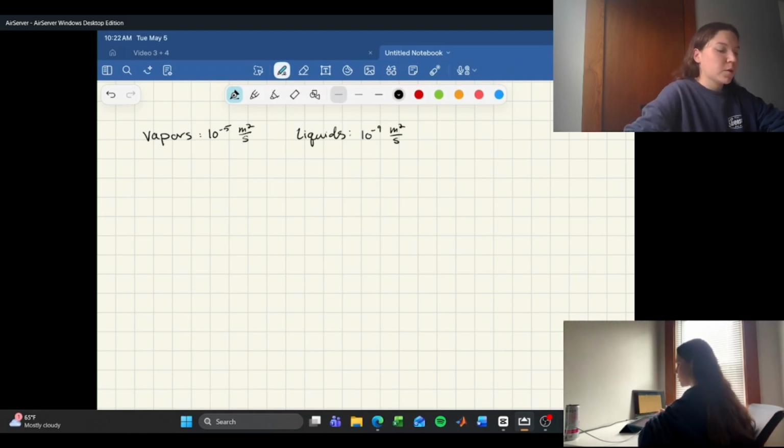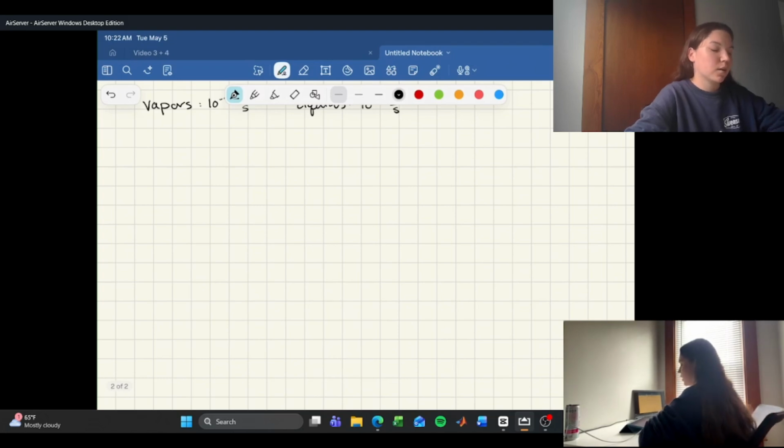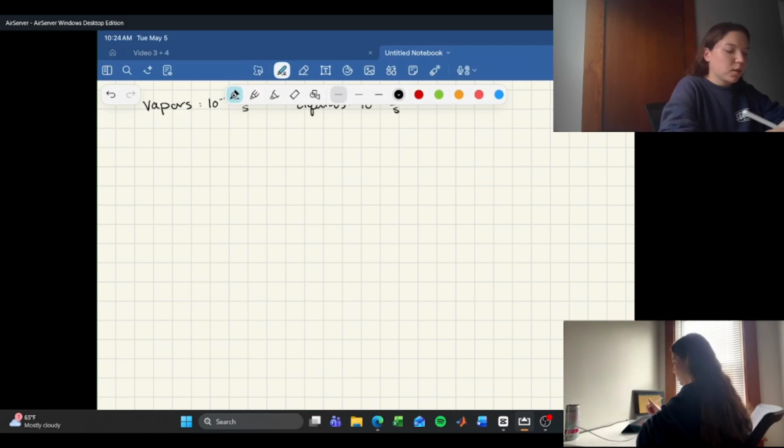So that's just a rough estimate, but we're going to look at more accurate ways to estimate the diffusion coefficient. To do this, we're going to use the Lennard-Jones potential equation.